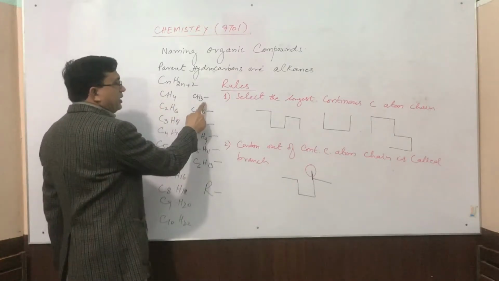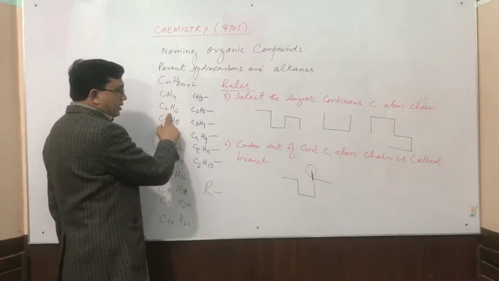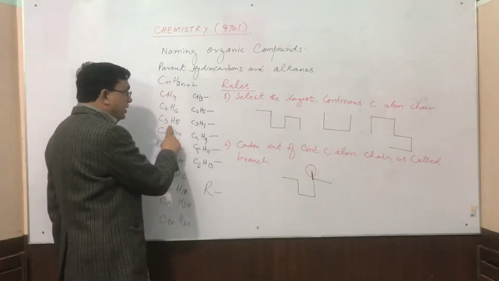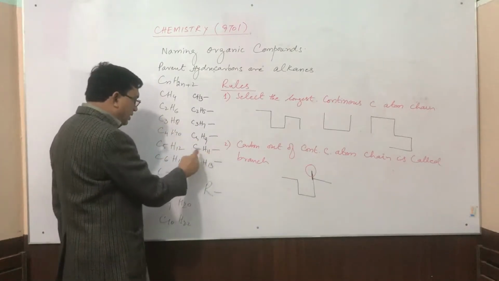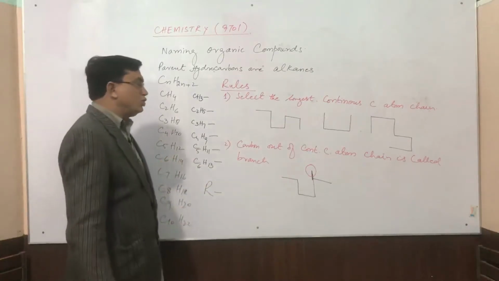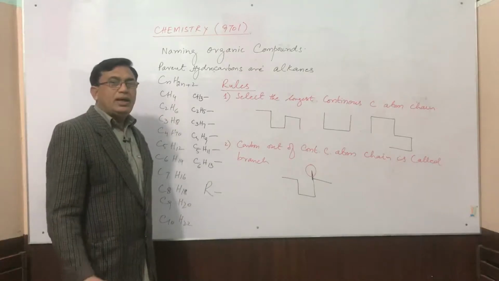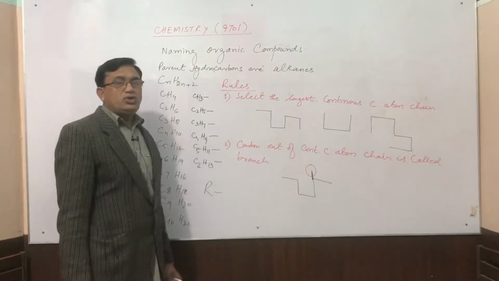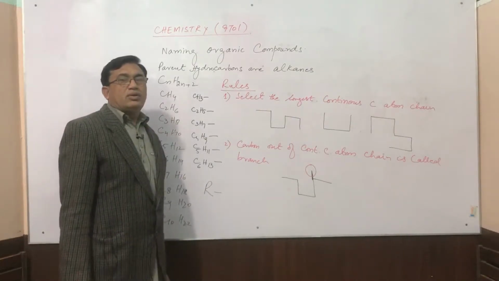From methane it will be called methyl, from ethane ethyl, from propane propyl, butyl, pentyl, hexyl, heptyl and so on. In this manner we can get all these alkyl groups, and these alkyl groups are utilized in the hydrocarbon formulas.